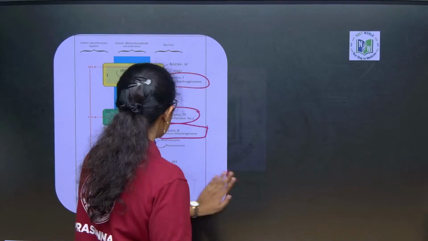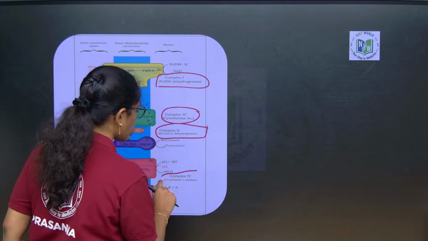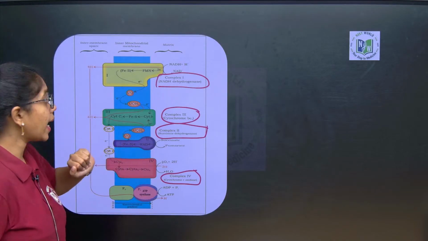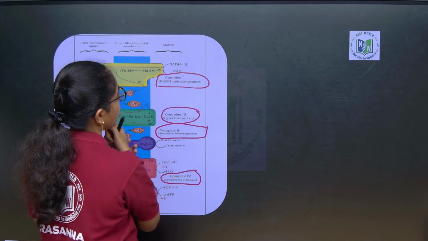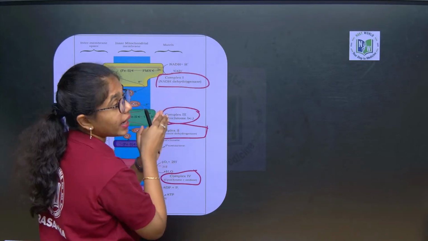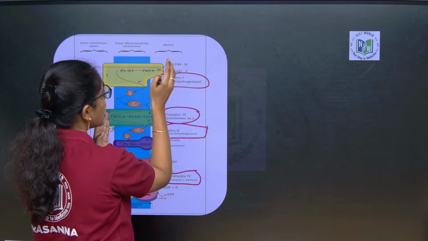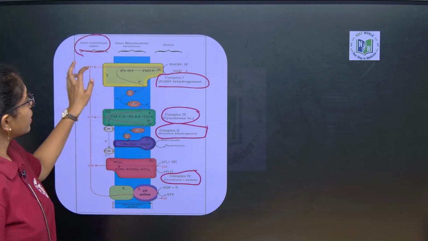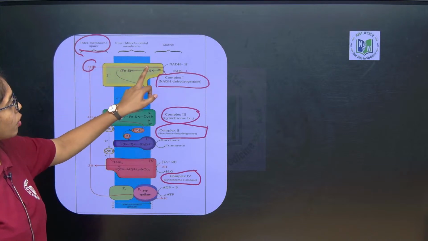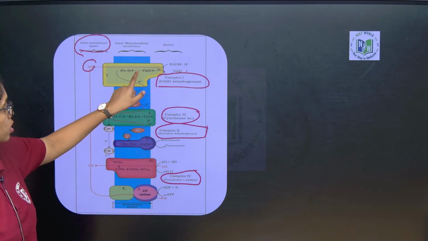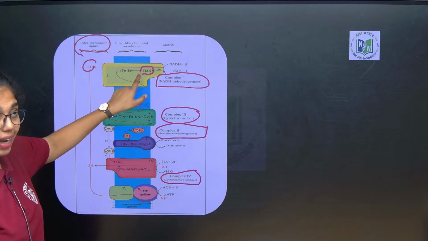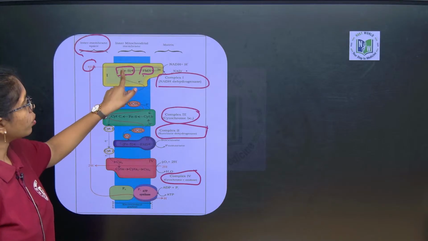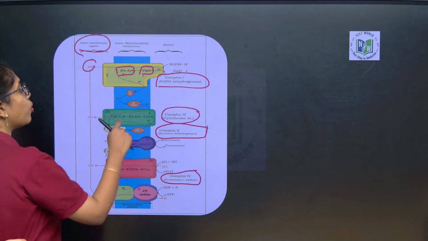In complex 1, NADH dehydrogenase, NADH is oxidized to NAD plus, and protons are pumped to the intermembrane space. At one turn 4 H plus are released and 2 electrons are given to 2 proteins: first flavin mononucleotide FMN, then the iron-sulfur complex. The electrons are then given to the mobile electron carriers.